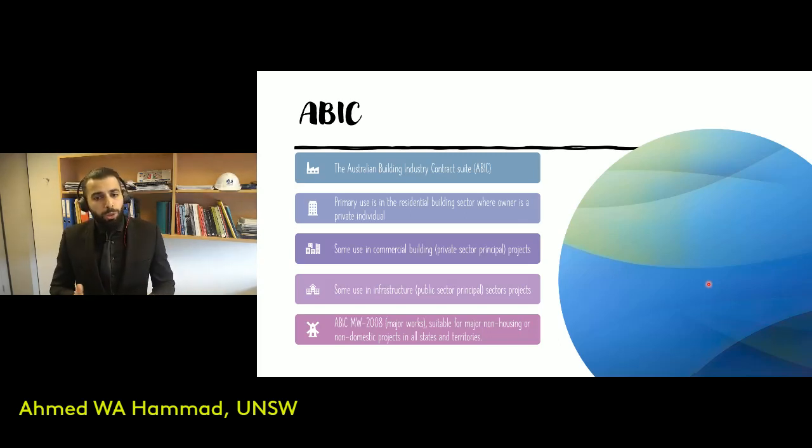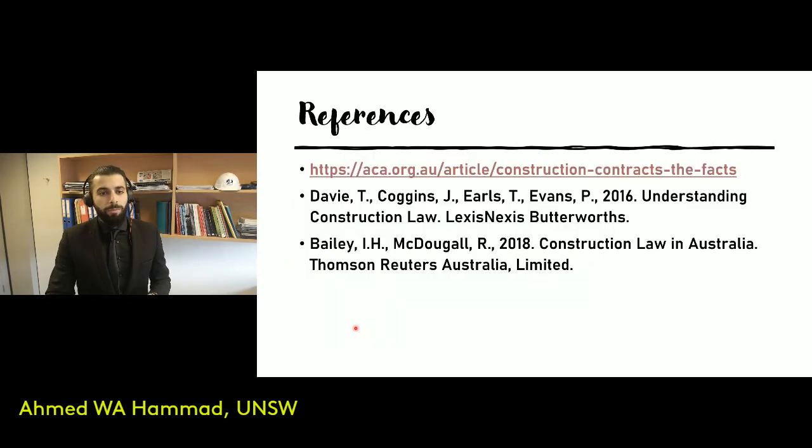Some use in commercial and infrastructure projects, not that common. And an example is the MW form of the contract. So the major works form, as the name implies, it's suitable for major non-housing or non-domestic projects in all states and territories in Australia.